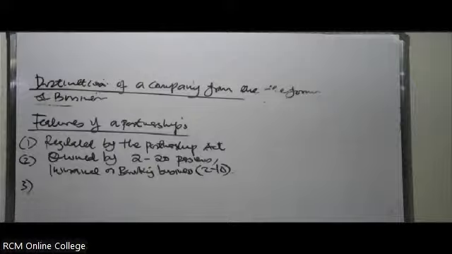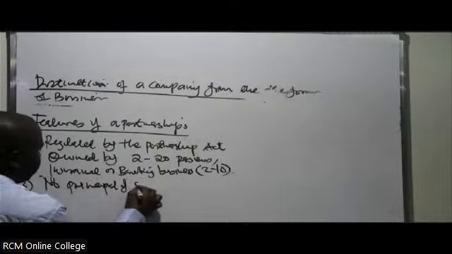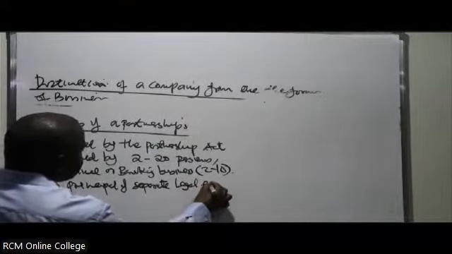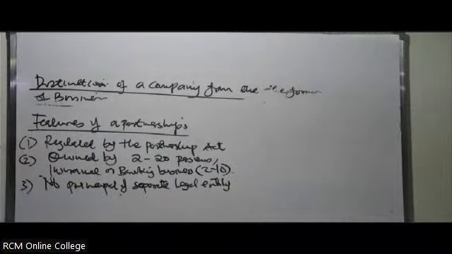Number 3, there is no principle of separate legal entity in a partnership. So when I mention this, remember the emanating features about separate legal entity won't exist here. When you talk about succession or ownership of property, it cannot be in the name of the partnership, it's in the name of the partners.